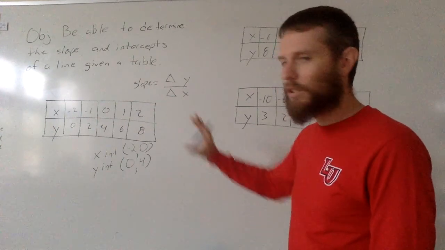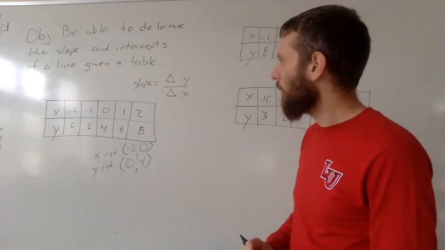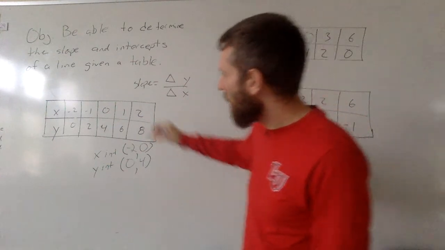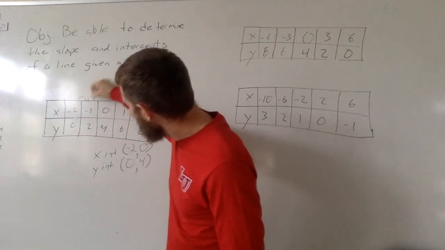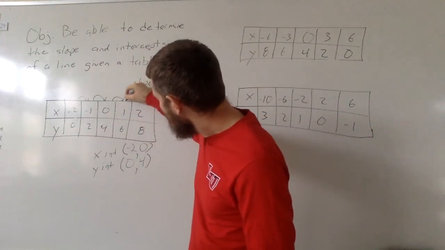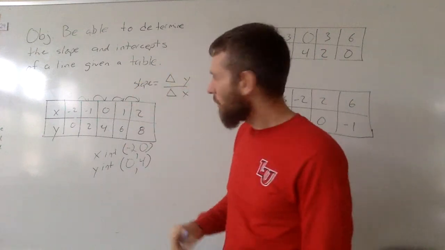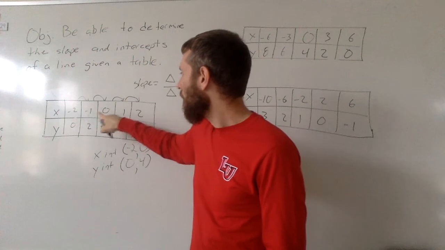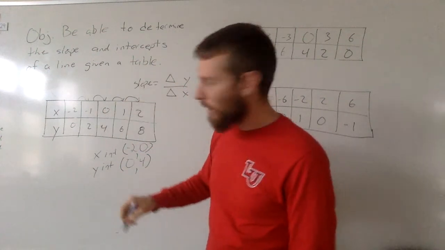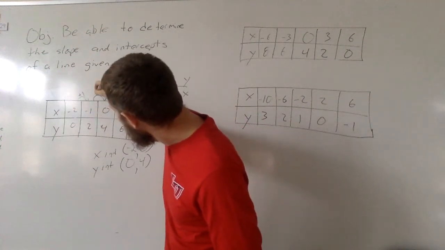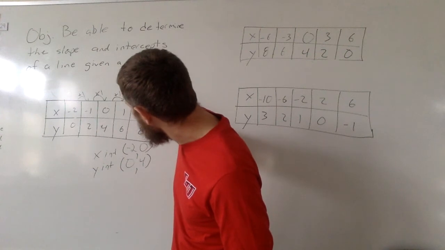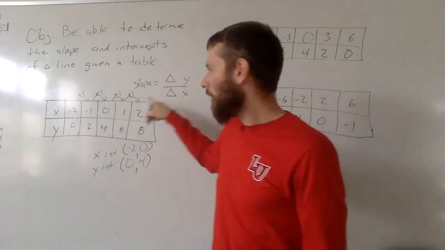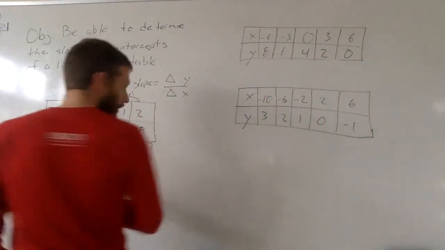But I want to show you one more thing with this table. We can see that on the x, every time x goes up, what's the difference between here and here, and here and here? We are adding 1. As x moves up, we're adding 1 each time. What's happening with our y?